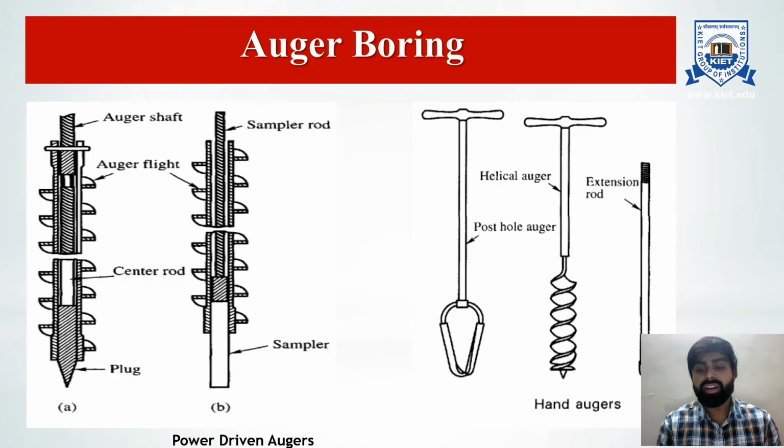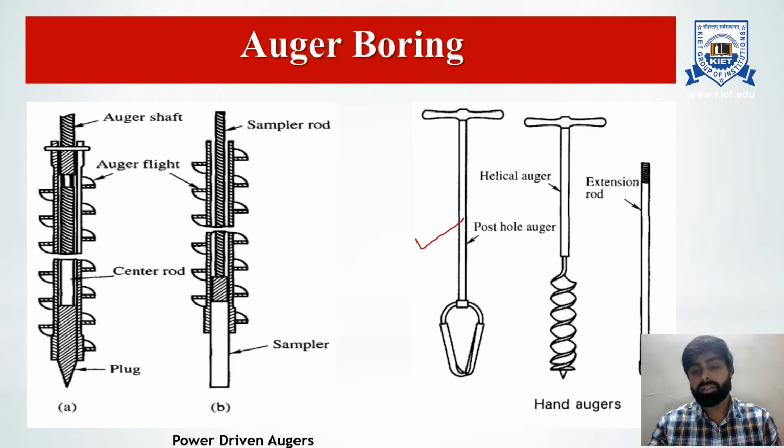When the auger is filled with soil, it is taken out. If the hole is already driven, another type of auger known as a post hole auger, as shown in the figure, is used for taking samples.